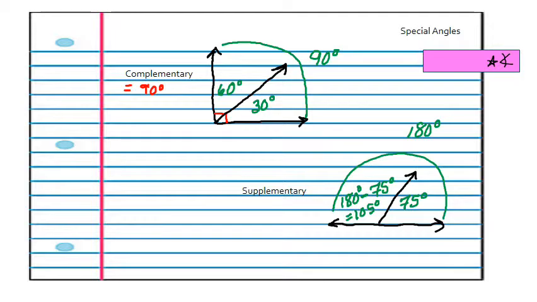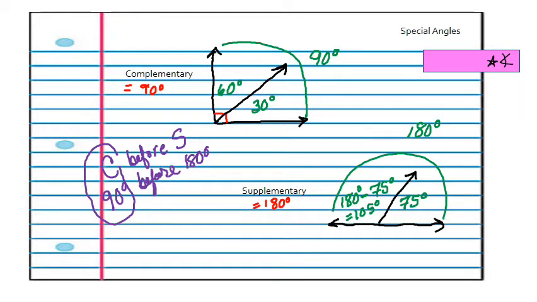Now, one of the ways that I remember that complementary equals 90 and supplementary equals 180 is just a method of realizing that C comes before the S and 90 is lower than 180.